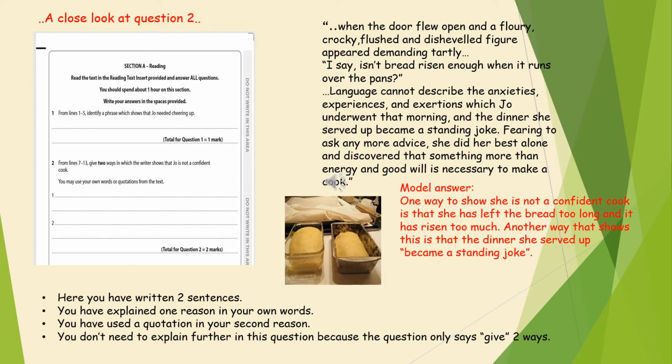So for example, when somebody comes and complains that the bread has flowed over the pans, that would imply that she's not a good cook, as would the fact that when she serves the dinner up, it becomes a standing joke. Nobody would make it a standing joke if the dinner was excellent, so you have to get that from the material you're given.